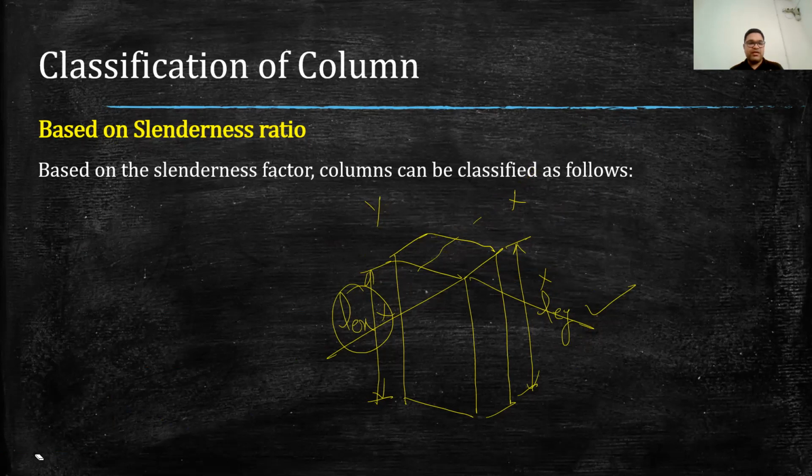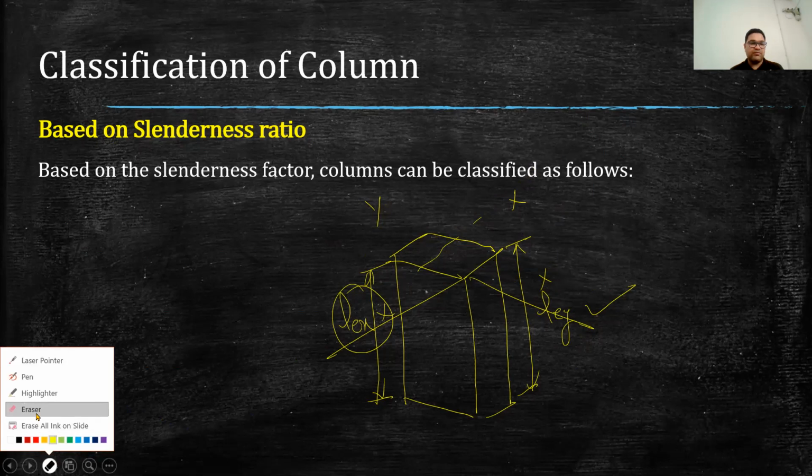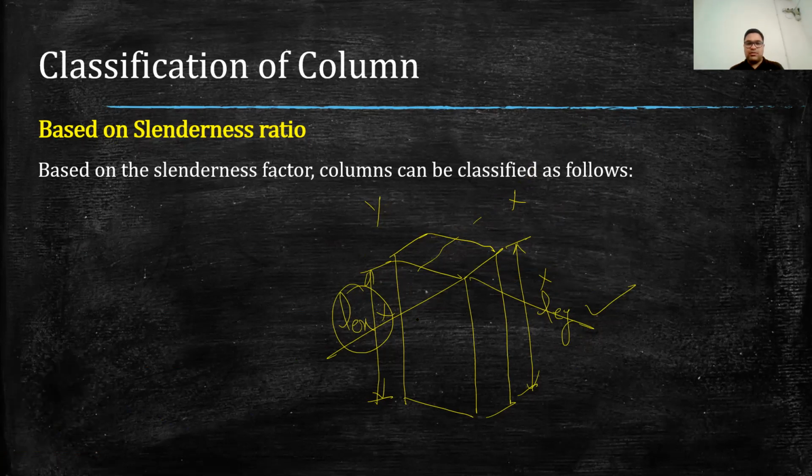Now DX and DY are basically the cross-sectional dimensions. How do we classify whether it is DX or DY? If the axis is running like this, then the dimension which is perpendicular to this axis will be termed as DX, because this is the x-axis.